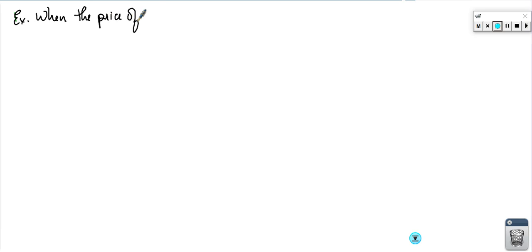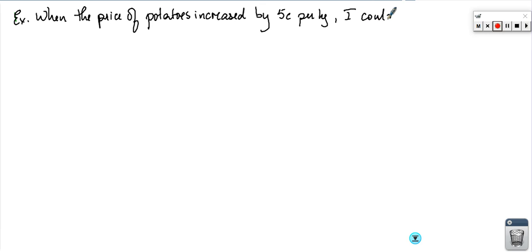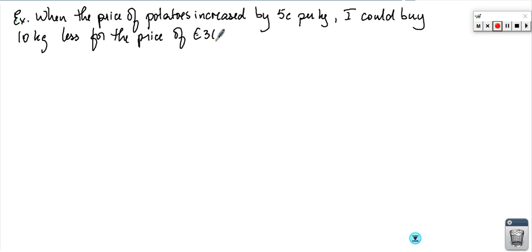When the price of potatoes increased by 5 cents per kilogram, I could buy 10 kilograms less for the price of 36 euros.